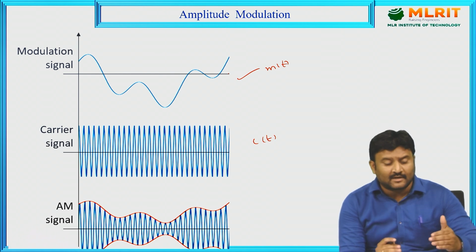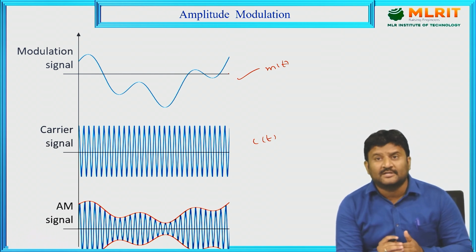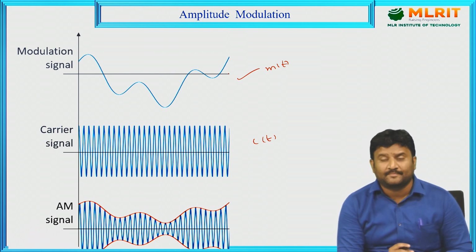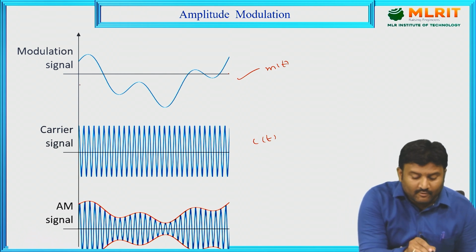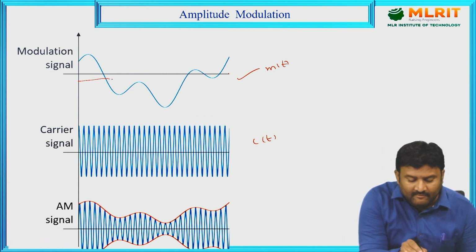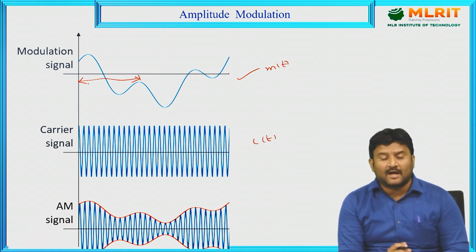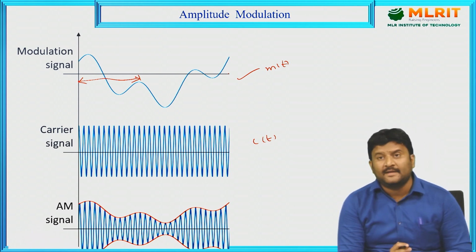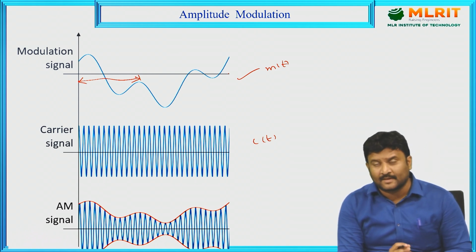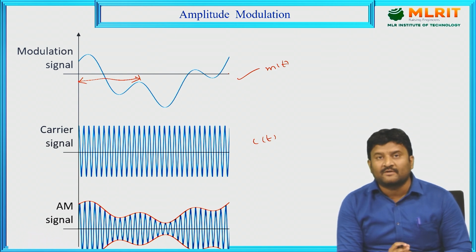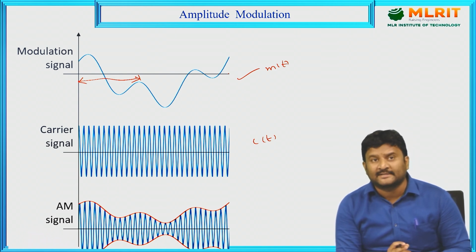Just observe the shape of the modulating information signal and the carrier signal. If you consider the time period, observe here, the time period is very high, which means the frequency is low. Our information signal is a low frequency signal, also called the modulating signal.